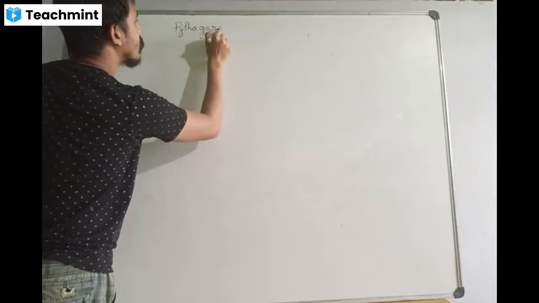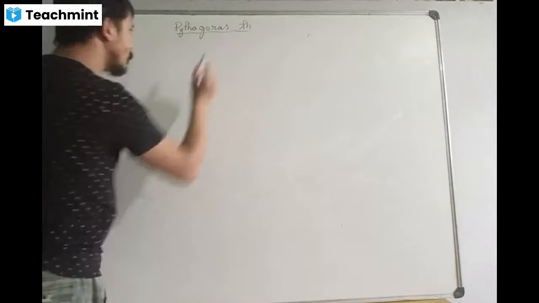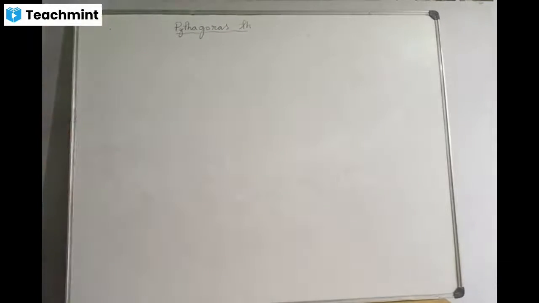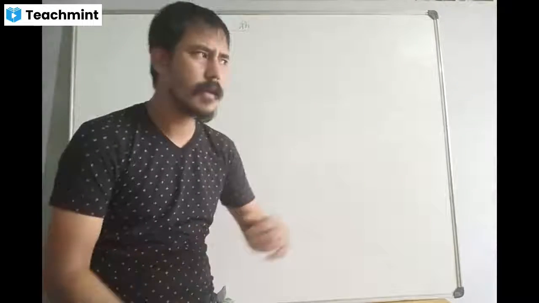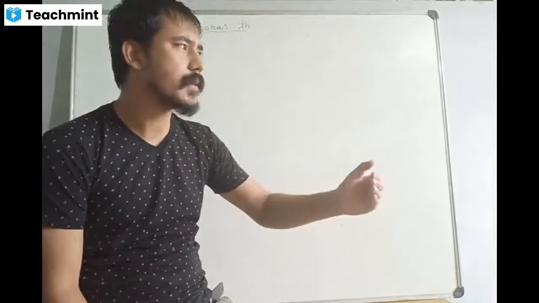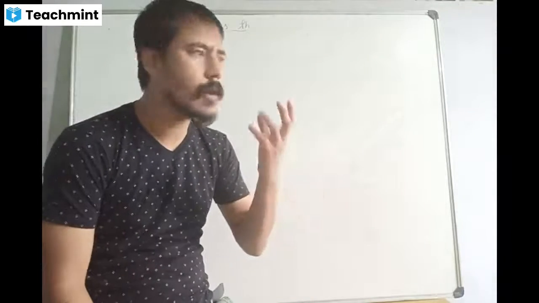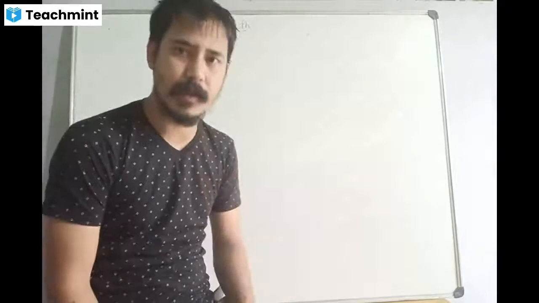Pythagoras theorem. This Pythagoras theorem says that in a right triangle, means a triangle in which one of the angles is 90 degrees. That's a right triangle.